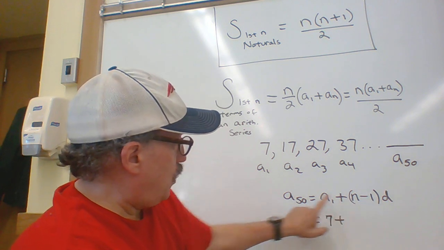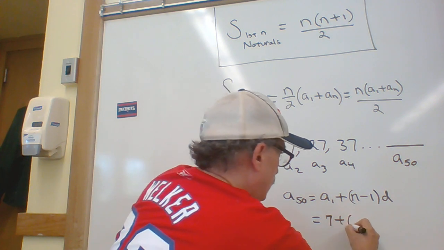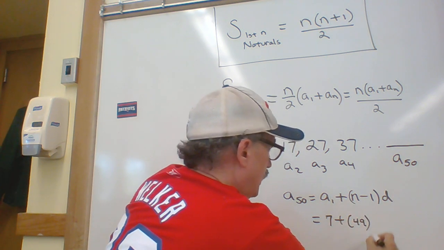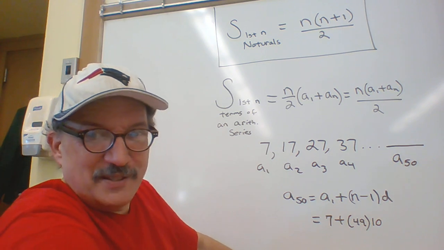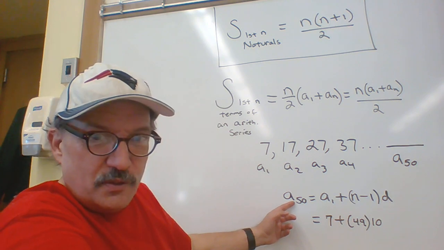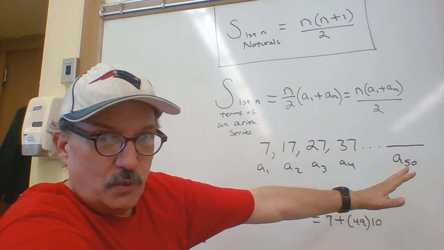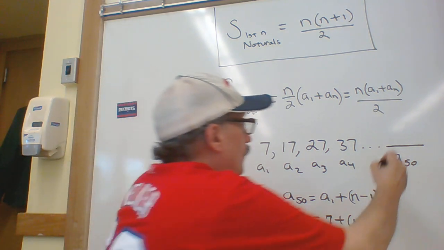The n minus 1, n is 50, so n minus 1 is 49. And the d is 10. The fact that the d is 10 makes this calculation pretty easy. So the 50th term of this arithmetic sequence is 497, right?